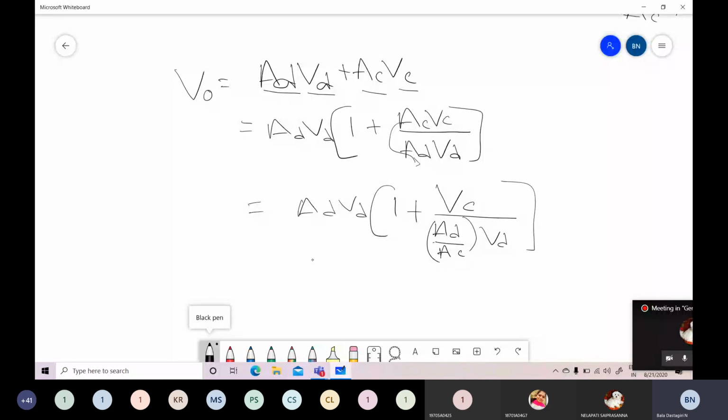Now it becomes AD into VD into 1 plus, so what is AD by AC? Nothing but the CMRR. So that can be written as 1 by CMRR into VC by VD. So it is the relationship between the output voltage and the CMRR.